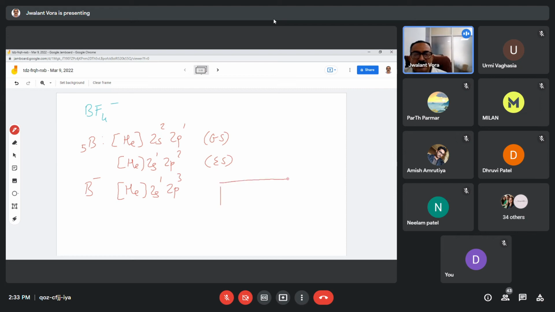So what will be? One, two, three, total 4 electrons are present. This is 2s, this is 2px, 2py, 2pz. Ultimately, the mixing up of all the 4 orbitals occurs and they form the regular tetrahedral structure.